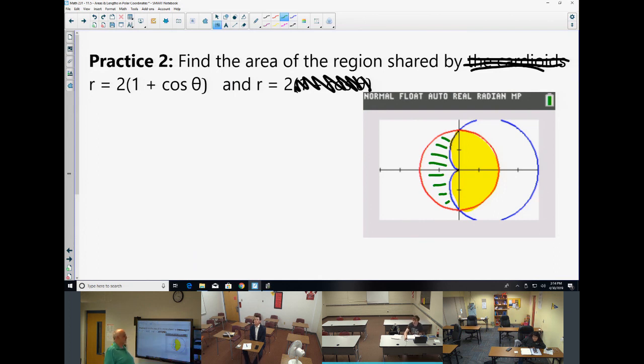If you added them instead of subtracting them, and then you subtract off both of the outside curves. Okay. So what area am I going to find? What integral am I going to use?